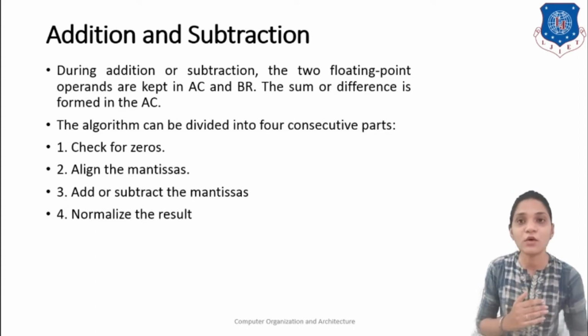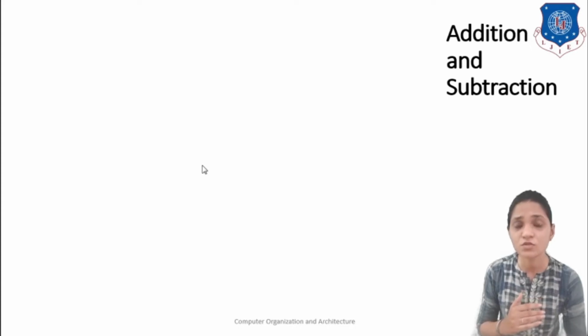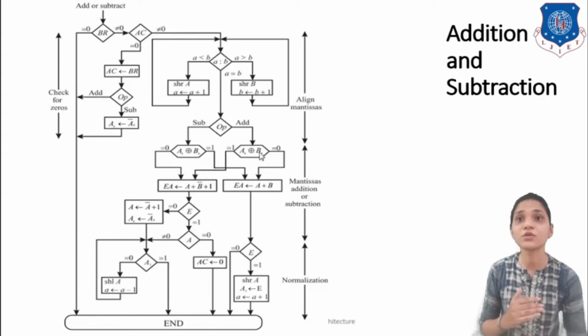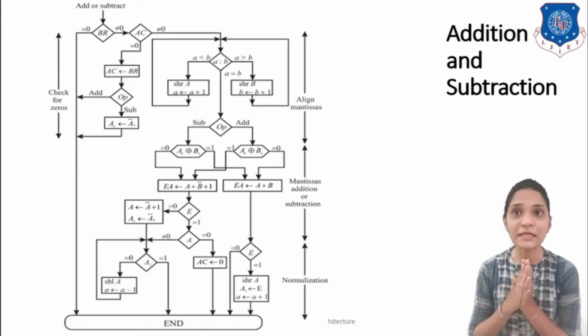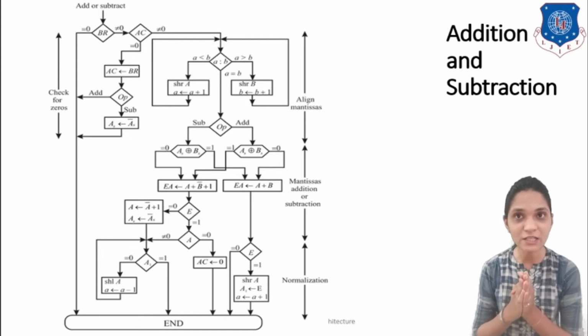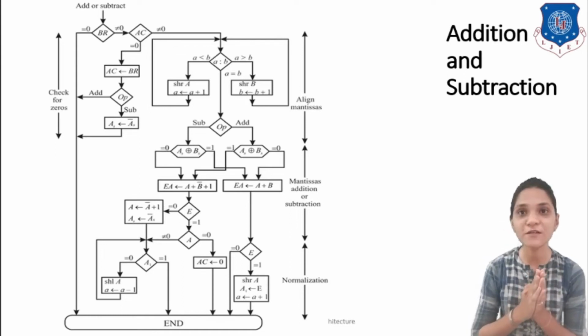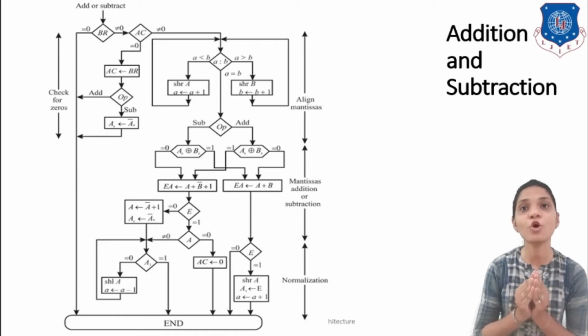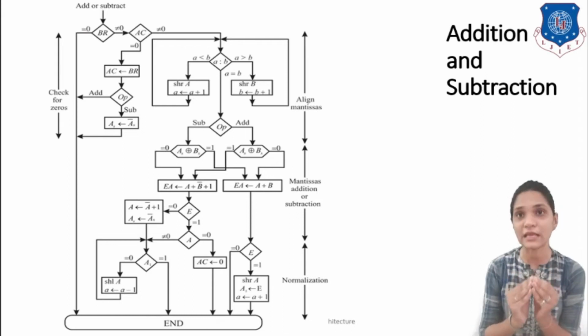Now let us see this with the algorithm. This is the basic algorithm that you can use for the addition operation. Here capital A and capital BR represent the mantissa terms, small a and small b represent the exponent terms, AS and BS represent the sign of the accumulator and the BR register. That you have to take care of.